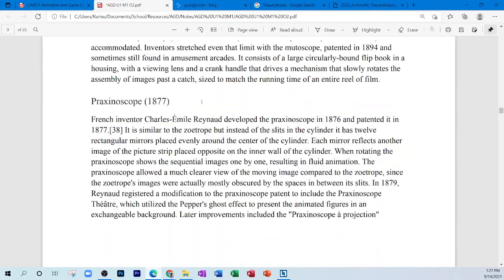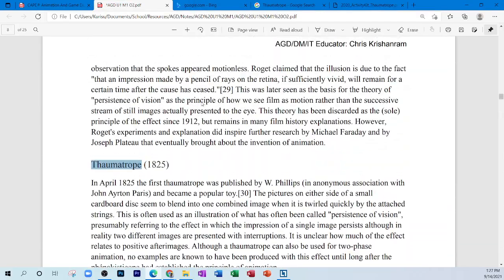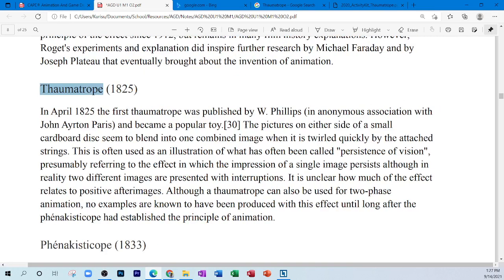So let me read the description and see if we can make sense of it now. Yes, Zane, you can go ahead. The pictures on either side of a small cardboard disc seem to blend into one combined image when it is twirled quickly by the attached strings. This is often used as an illusion of what has often been called persistence of vision, presumably referring to the effect in which your impression of a single image persists, although in reality two different images are presented with interruption.